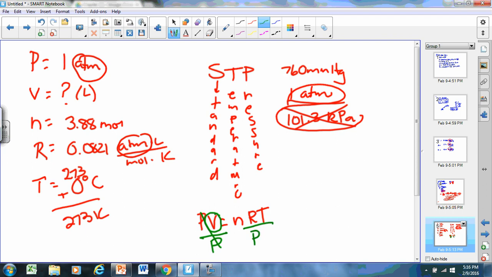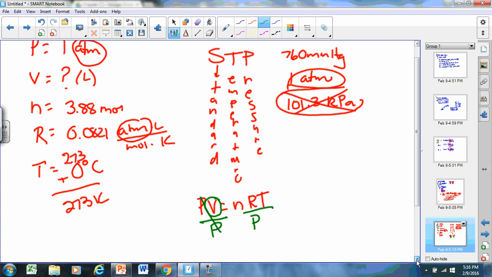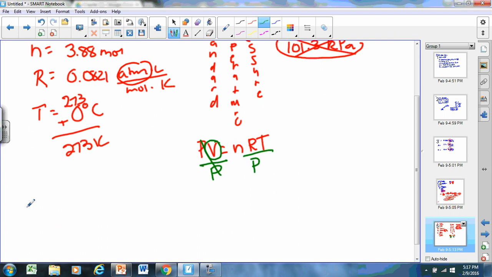And so now I'm going to start the problem over here, because the rule in chemistry is that you always do the algebra first. V is nRT divided by P, but in our case, we're going to multiply by the reciprocal.